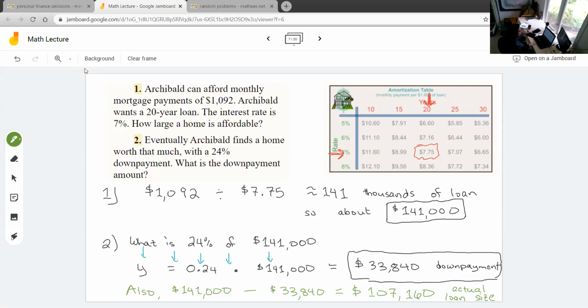Okay, questions with this slide, the first two problems? I'm going quicker because we just did one. Tell me if I'm going too fast.